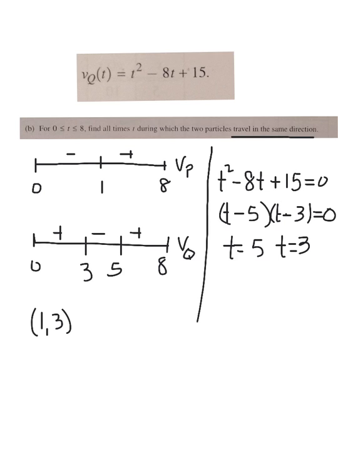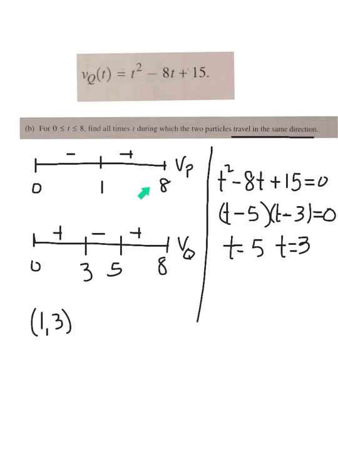All right, let's keep going. I'm going to start with Q since there's a lot more changes in Q's sign chart than P's. So let's say 3 to 5 is negative. Well, 3 to 5 here is not negative for P, so that's a no-go. Let's go from 5 to 8. Do you see that from 5 to 8, Q is positive?